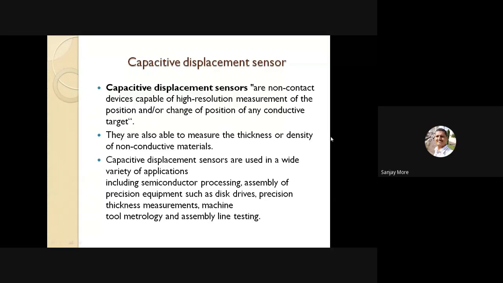So this capacitive displacement sensor is mainly used to measure the position or change of position. Also, it is used to measure the density or thickness of non-conductive material. In mechanical measurement, they are used to measure the thickness and density of non-conductive material. Also, they are used to measure the position or displacement of an object or component.